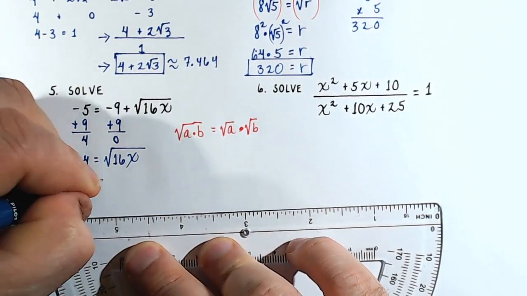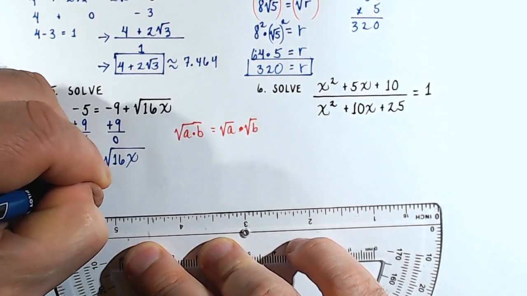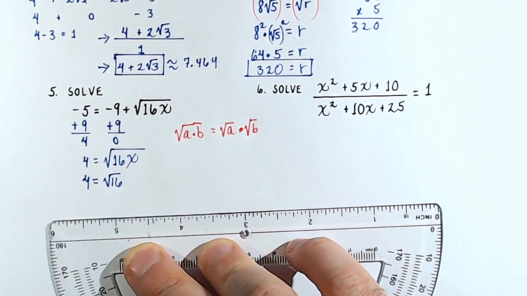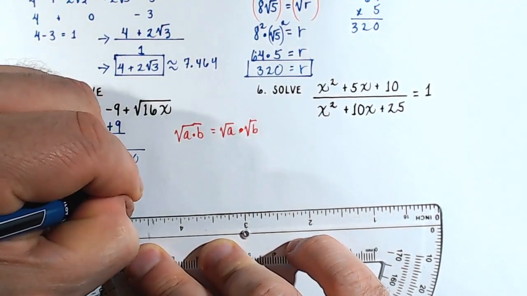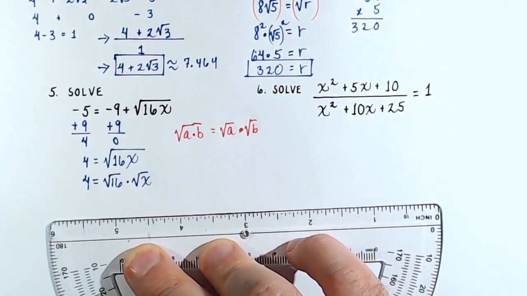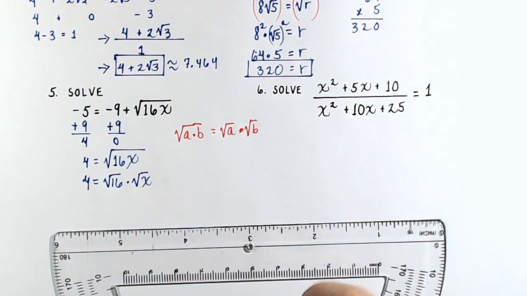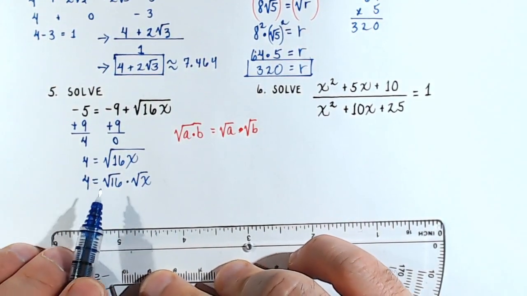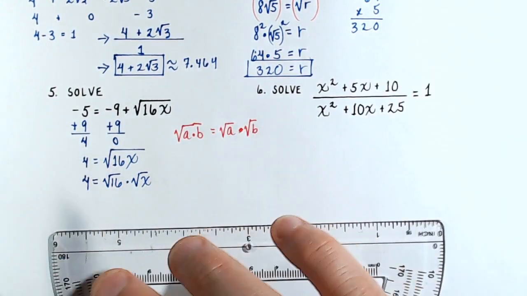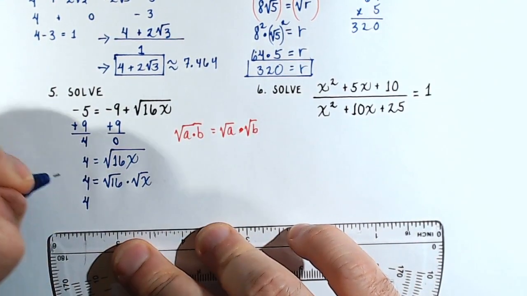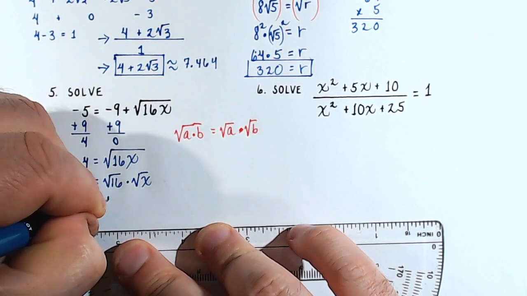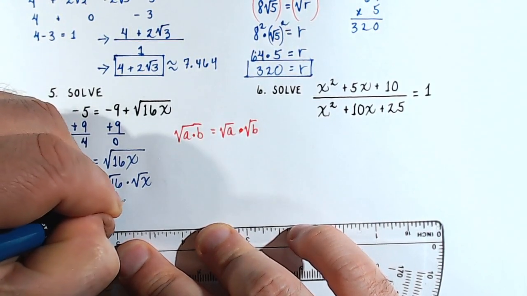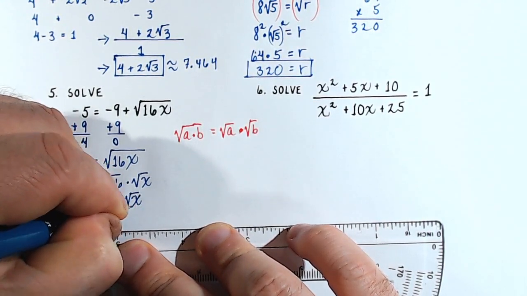Rewrite 4 equals the square root of 16 times the square root of x. That's beneficial to us because the square root of 16 is just 4. So now 4 equals 4 times square root x.